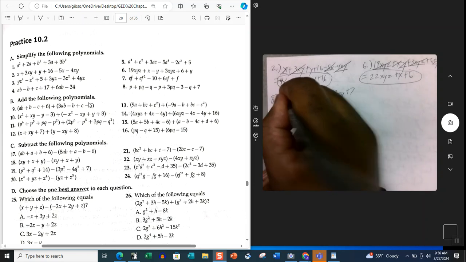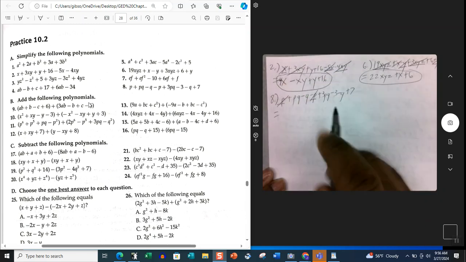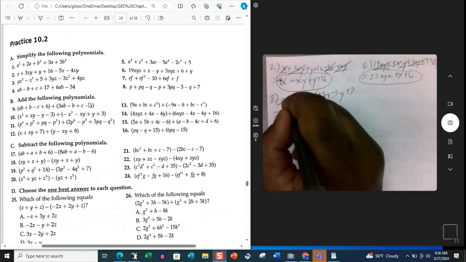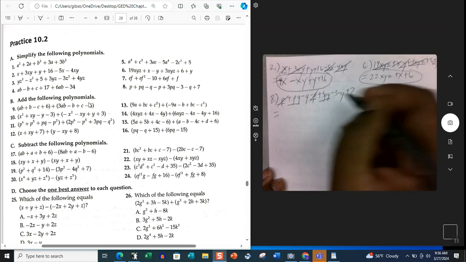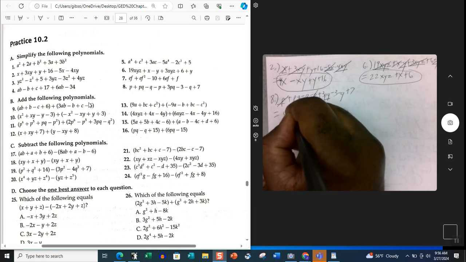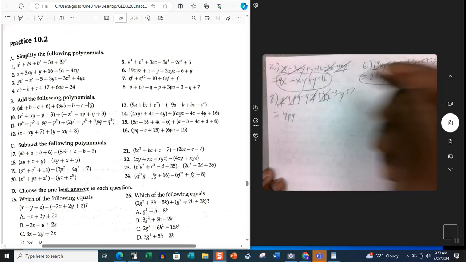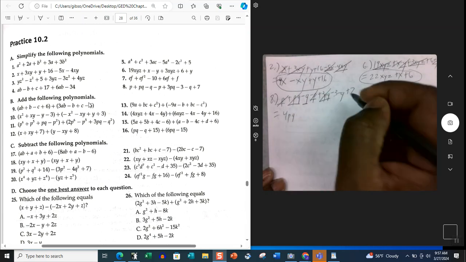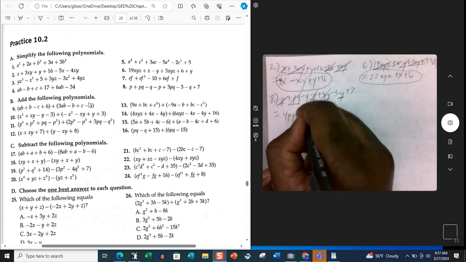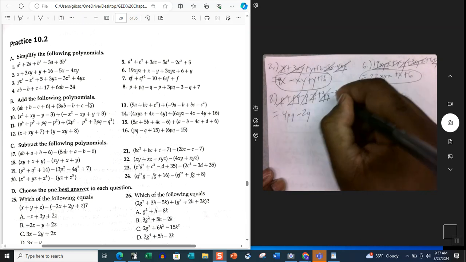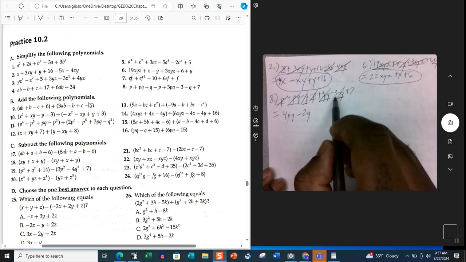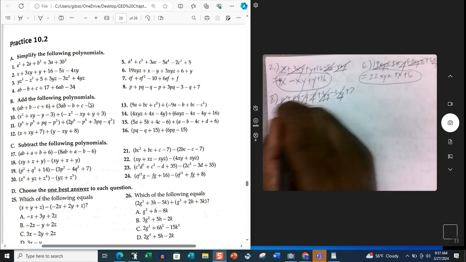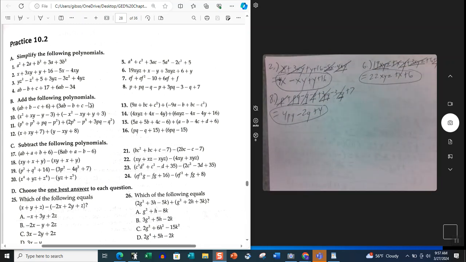P minus P, they would simplify each other out. So now we look at PQ. PQ and 3PQ are like terms, so that's 4PQ. Now we got negative Q and negative Q, which would be a negative 2Q. Now we got negative 3 plus 7, which would be positive 4. And that is your answer for problem number 8.